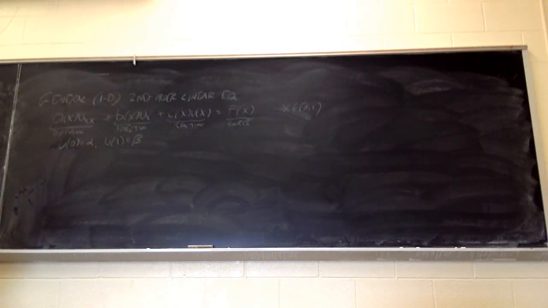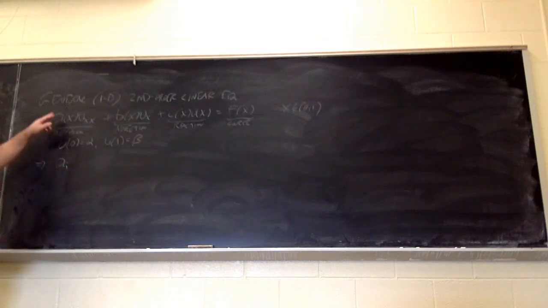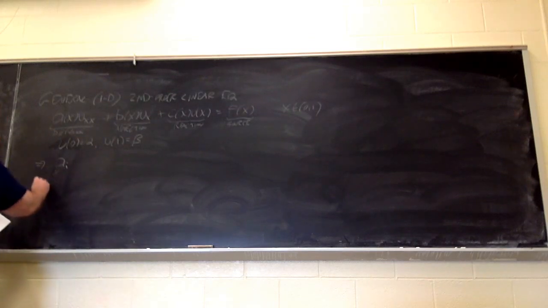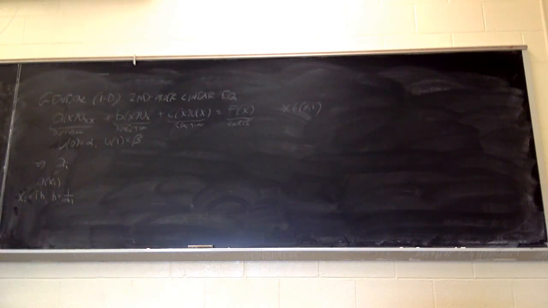So, using finite difference stencils I showed last time, we get these equations. So coefficient a of x is represented by its value ai, which is the same as a of xi. Now I'm using the same uniform grid. So we divide the interval 0 to 1 into n plus 1 intervals.